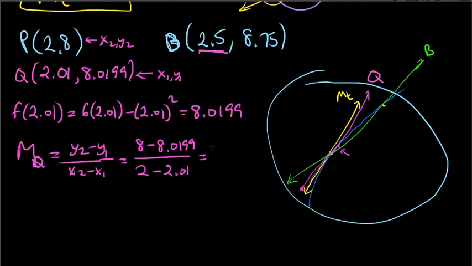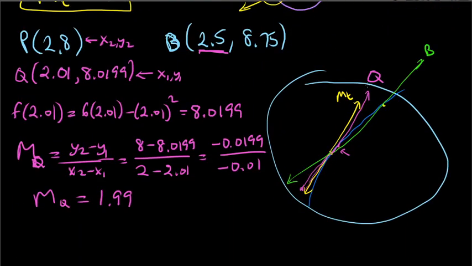Okay, so what we get is negative 0.0199 over negative 0.01. And so plugging that into your calculator, your slope should be positive 1.99.